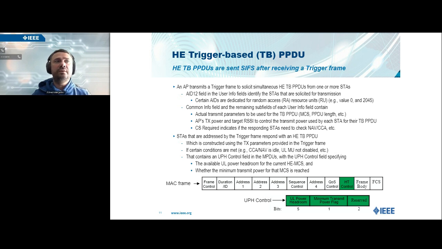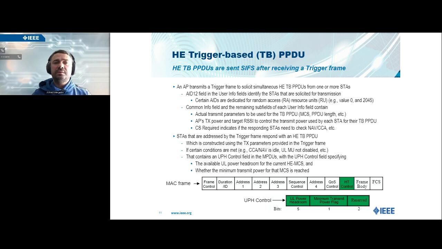And if their random counter reaches 0 in any of these RARUs, then the station can transmit its TB-PPDU. Of course, there are chances of a collision in that case, and those collisions are going to be resolved at the access point side. But in general, the AID12 is going to identify uniquely the station that is being solicited, so that collision situations are not going to be there in the general case.